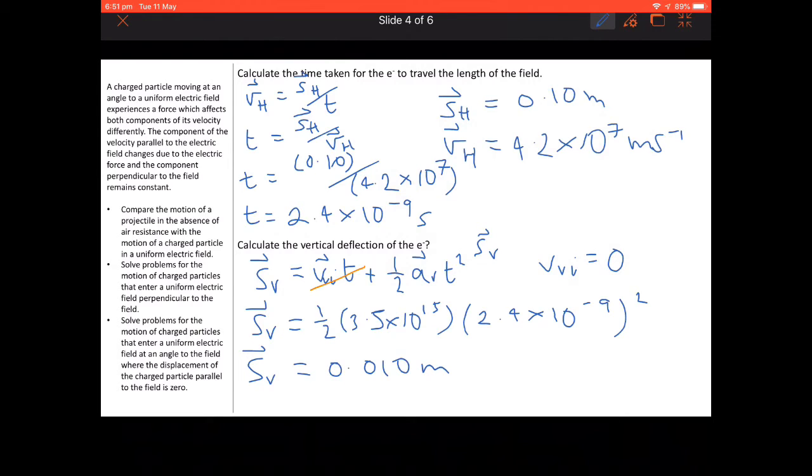So the vertical deflection is going to be 1 centimeter. If we were to say the direction, it would be upwards, and using our convention, that would be in the negative direction because that would be towards the positive plate.